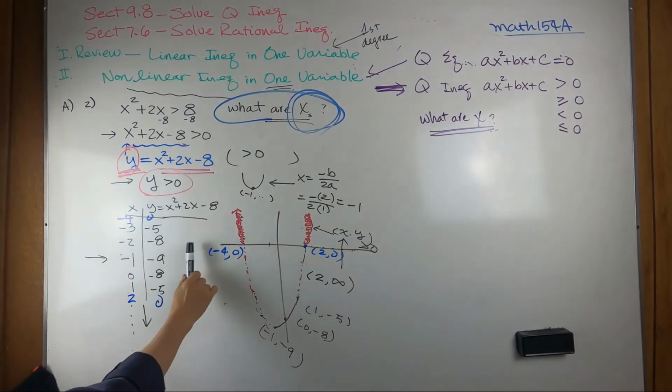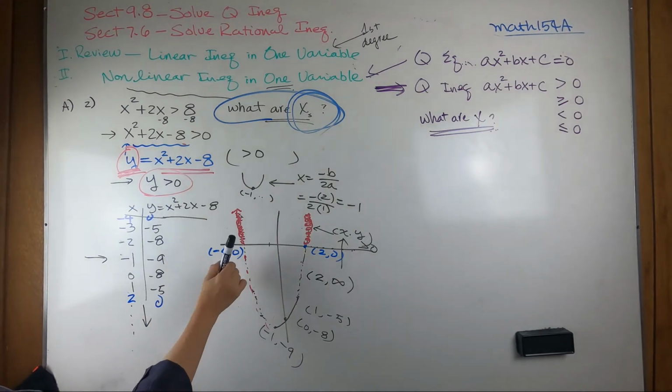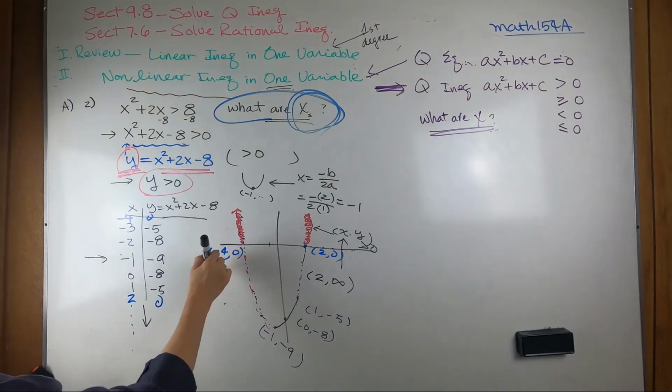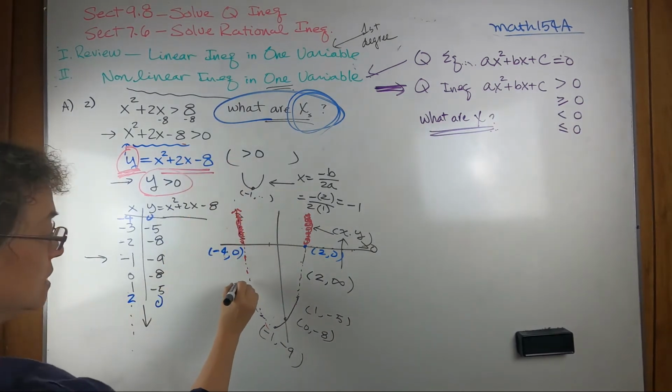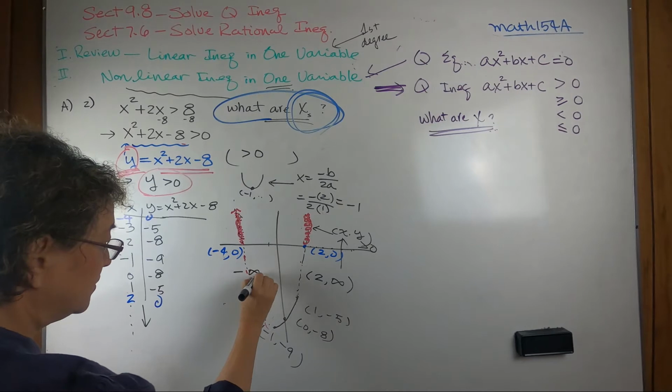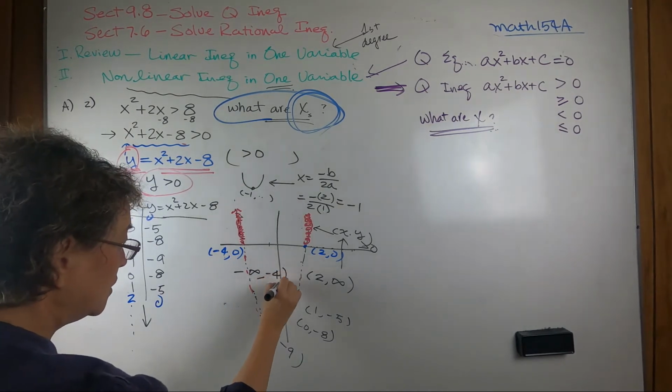All those points for x, your y value will be bigger than 0. How about this side? As long as x is smaller than -4, you plug in, y will be bigger than 0. So you have negative infinity to -4.